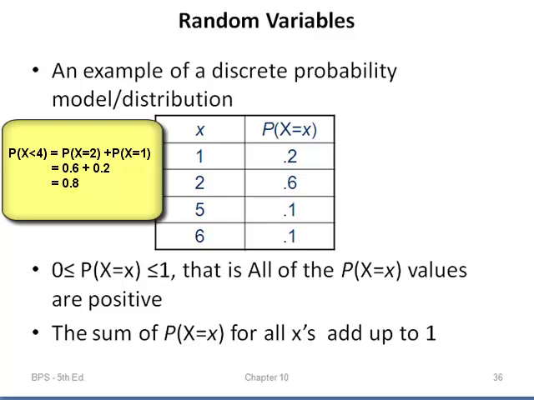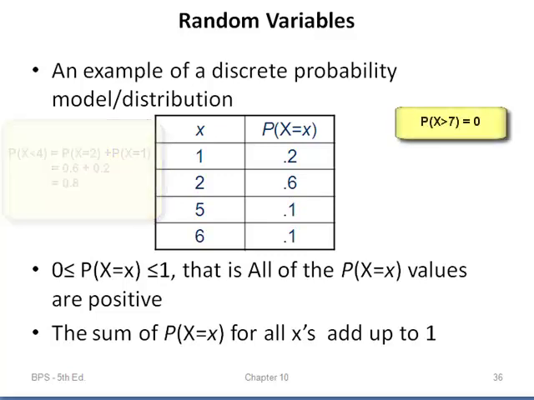So the probability that X is less than 4 is the same as the probability that X equals 2 plus the probability that X equals 1, so it equals 0.8. Now what if I ask what's the probability that X is greater than 7? Well, there is no probability greater than 7, so that equals 0. The only values that X can take on are 1, 2, 5, or 6.